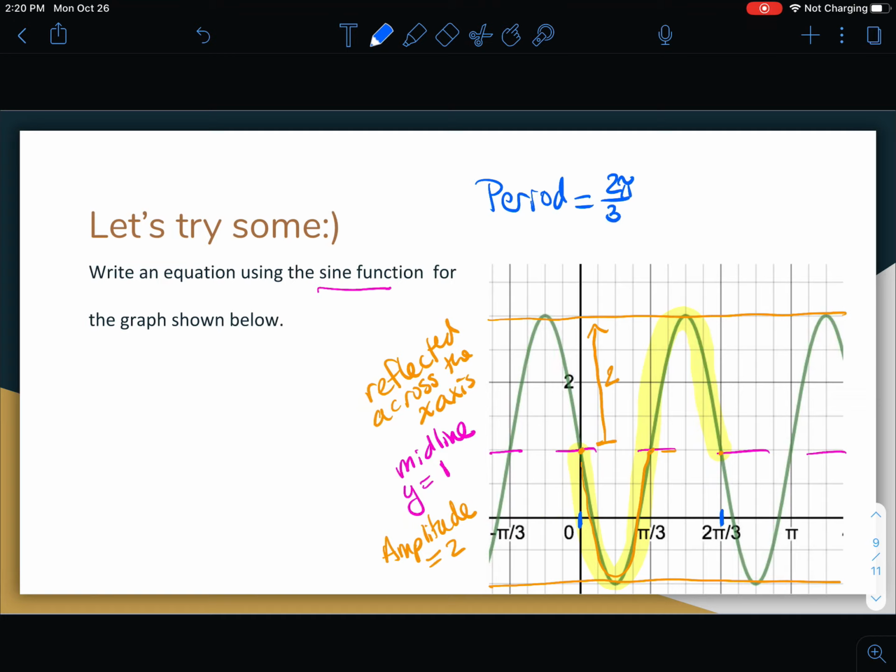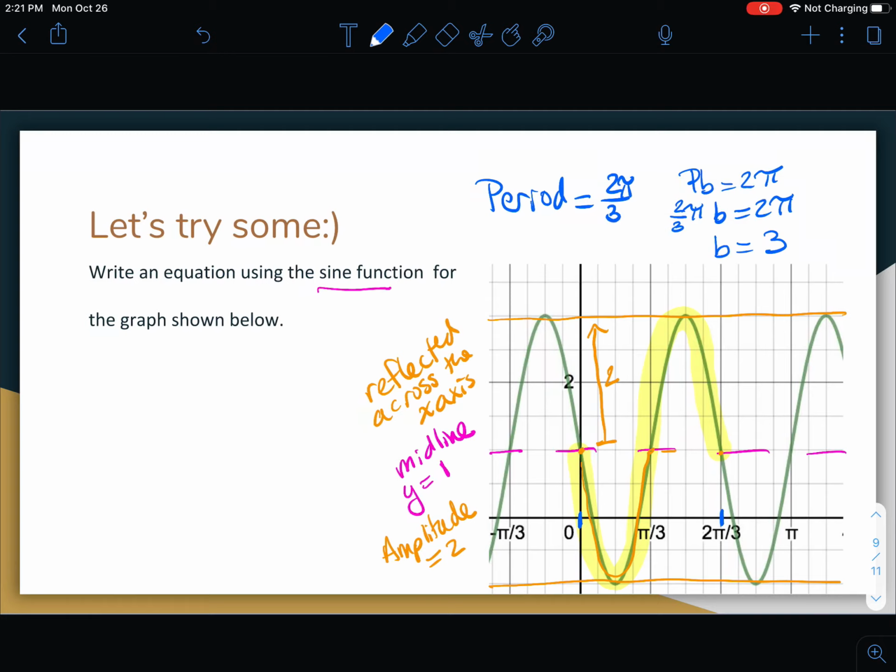Now, we really need to find the b value in order to write an equation. So we should write period times b equals 2 pi. We're going to write 2/3 pi times b equals 2 pi. We would divide both sides by 2/3 pi, and when you do that, you get a b value of 3.